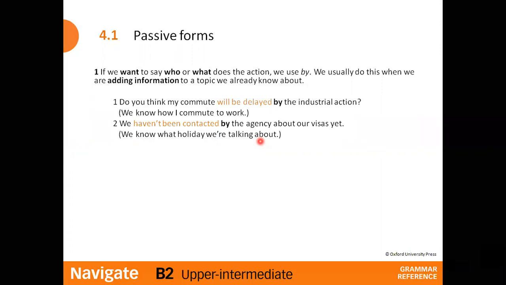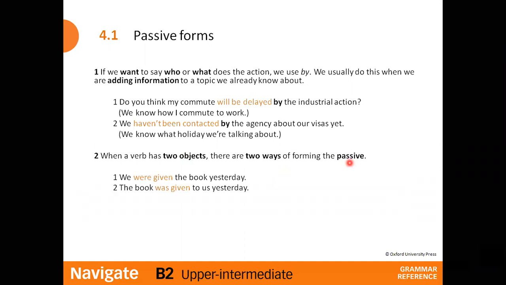All right, next. When a verb has two objects, there are two ways of forming the passive. So there are some verbs, for example, "give." When you use "give" in active voice in one sentence, that sentence can be converted in two ways into passive voice.